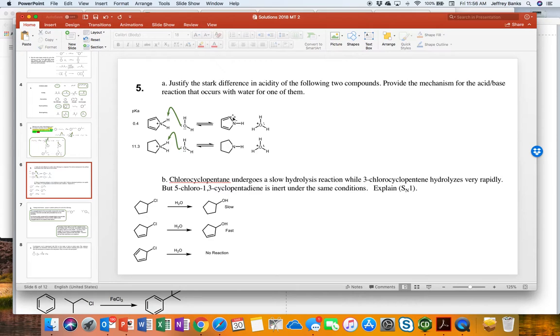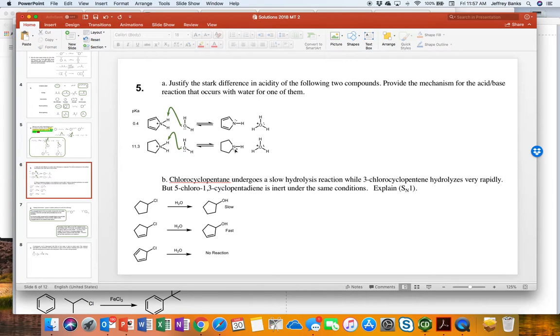So we get quite a gain in stabilization of the conjugate base by deprotonating it. This thing is non-aromatic, this is aromatic, so we get a considerable energy gain through the aromaticity. In the case of the secondary amine below, it's non-aromatic. All of the atoms, the carbon atoms and the nitrogen, are sp3 hybridized.